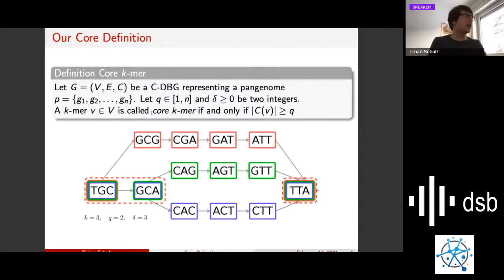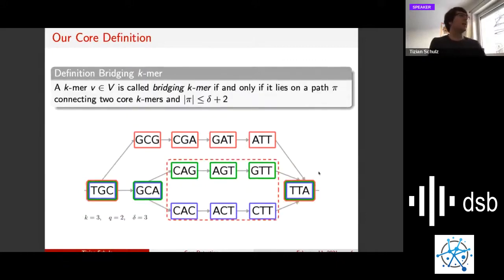Then we call a k-mer a core k-mer if it is present in at least q of the individual genomes. In this example, this would be true for these two k-mers over here and the one over here, TTA.